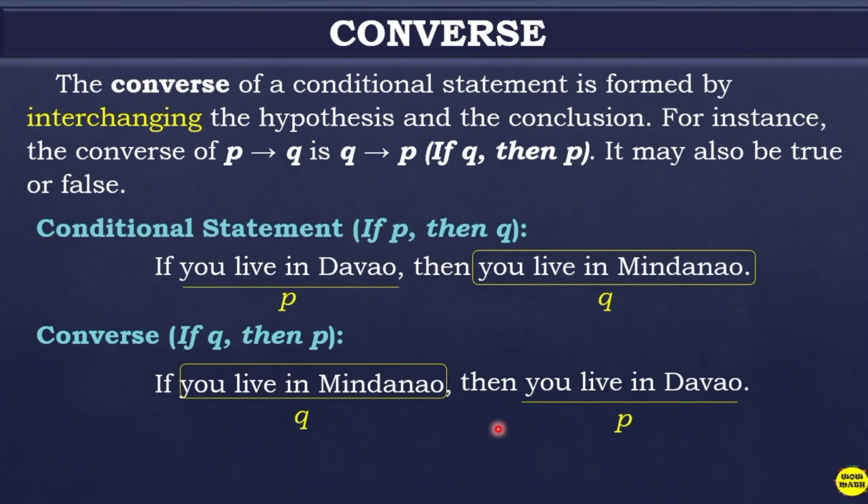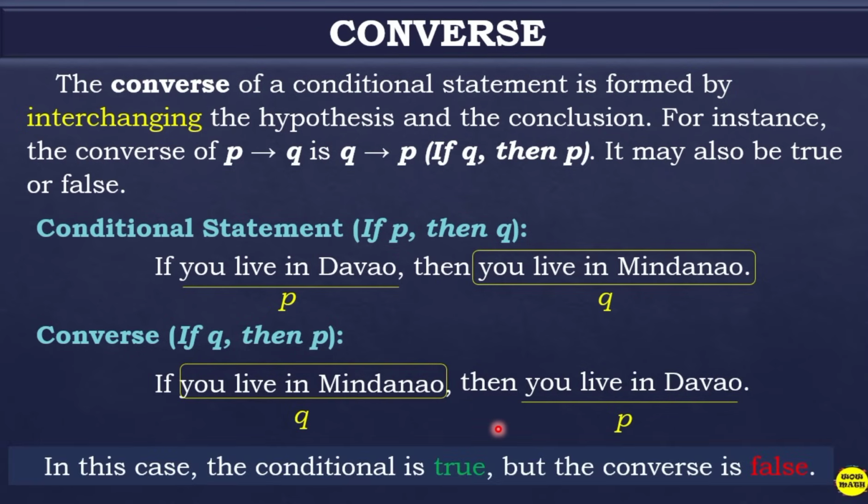Okay? Now, in this case, the conditional is true but the converse is false. Okay, bakit? Bakit true? If you live in Davao, then you live in Mindanao. That is true. Kasi pag nakatira ka sa Davao, nasa Mindanao ka. Okay? This is true. Now, bakit ang converse niya ay false? Let us analyze.